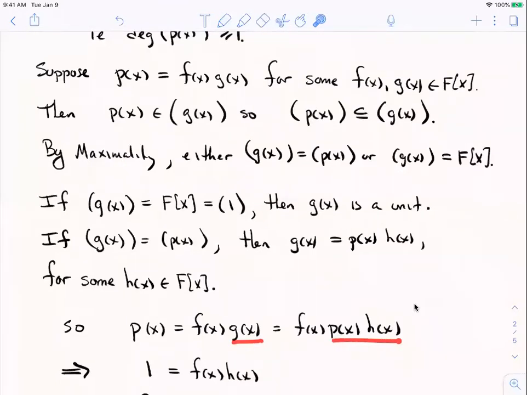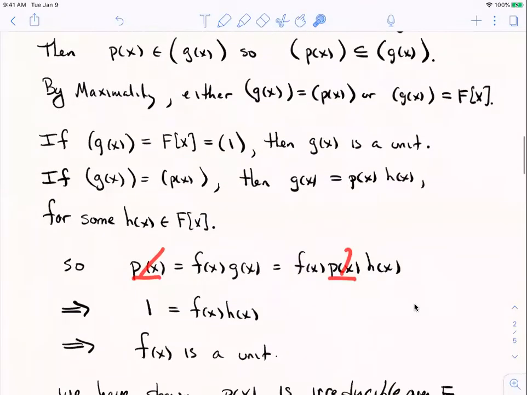And then look at the equation from left to right. It says that p is f times p times h. Well, the polynomial ring is an integral domain. P is not 0. It's on both sides of this equation. You can cancel them. You have the cancellation laws in an integral domain. So by using the cancellation laws, that equation implies that 1 is equal to f times h, which means that f is a unit.